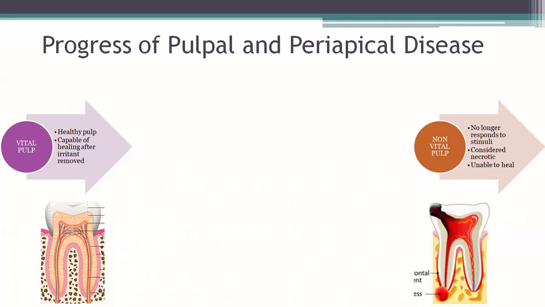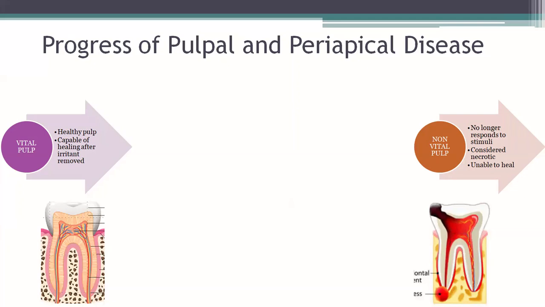On the other side, we have a non-vital pulp. A non-vital pulp no longer responds to stimuli. It's considered necrotic and is unable to heal, which means that if you have a non-vital pulp and you eat something very, very cold, most likely the tooth is not going to feel it because the tooth is basically dead.